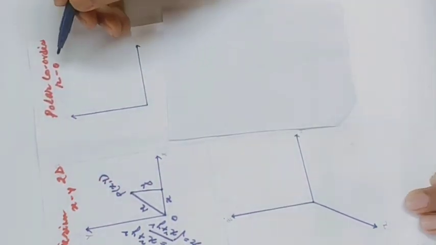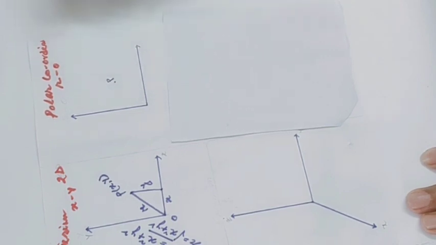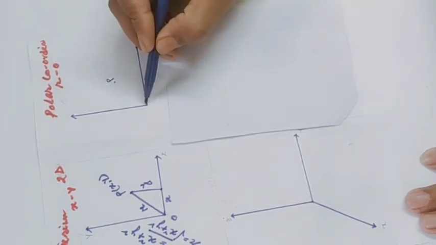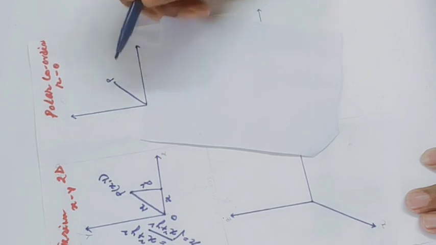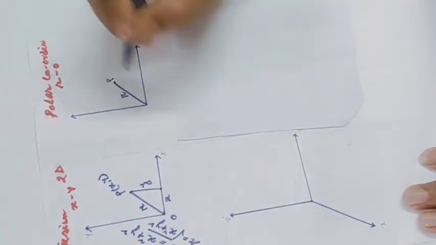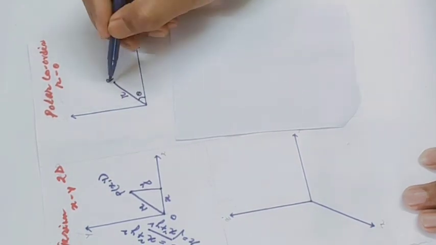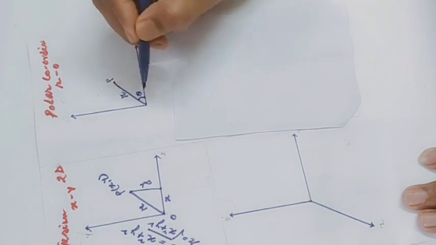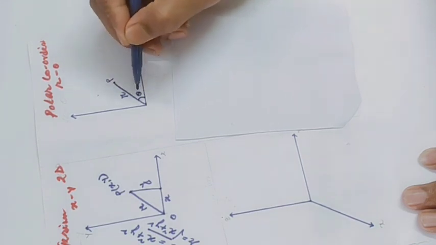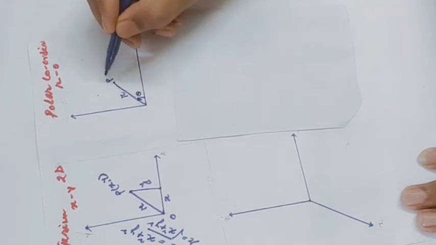Then in polar coordinates, for the same point P, you can use other coordinates instead of x and y, that is r. Then if you consider this angle theta, for different points, suppose P is here, then your theta will be different. And if P is here, then r will be different.